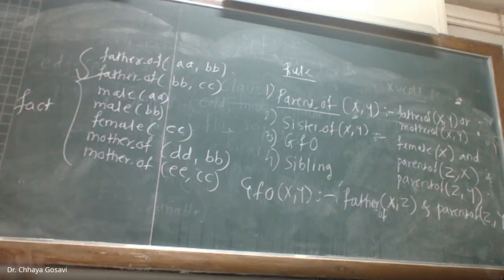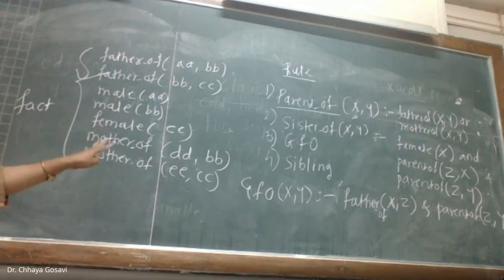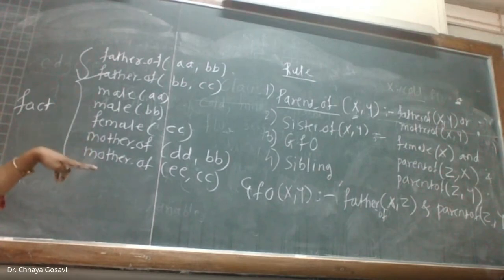That's why we use queries or goals. It is used to check whether a certain relation exists between objects. Like here, I am checking whether X is parent of Y. It will return true or false, or pass values for which the relation is true, it will return those values of X and Y.